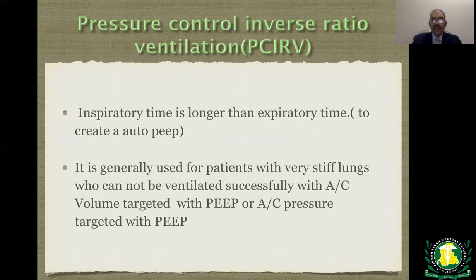It is very uncomfortable for the patient. In order to use this mode, the patient has to be heavily sedated and paralyzed. It is generally used as a rescue mode for very stiff lungs, where you can't ventilate the patient with assist control, volume targeted, or pressure targeted.